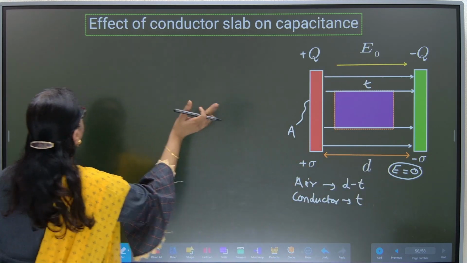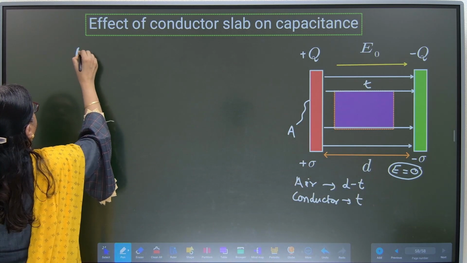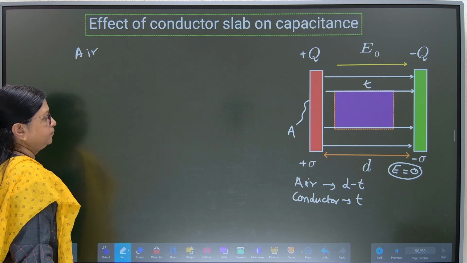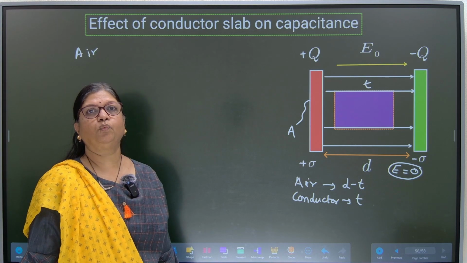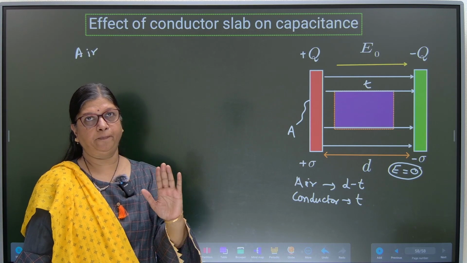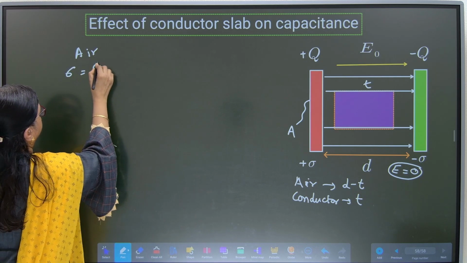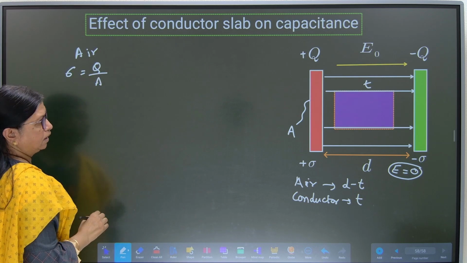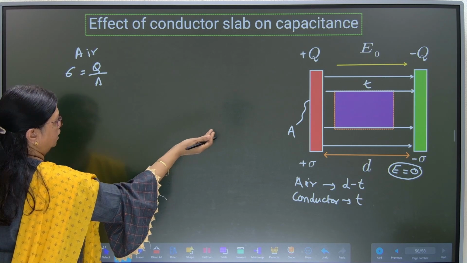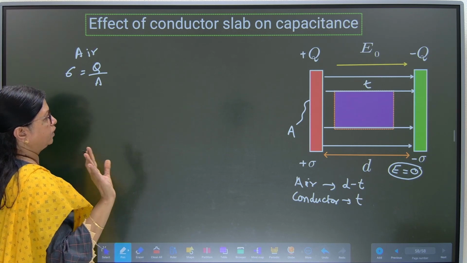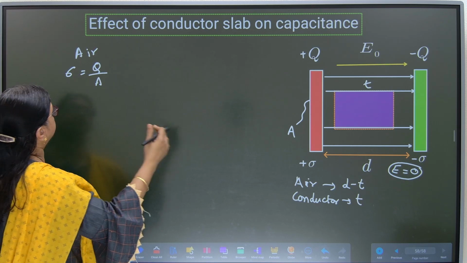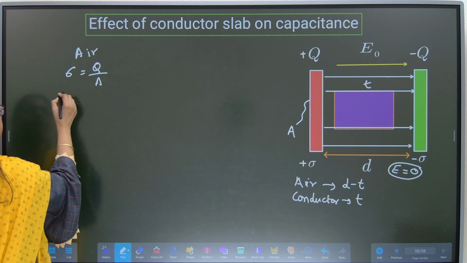So let us understand for air what is available. Sigma is equal to Q upon A. There is no change in Q. A is the surface area of the plate that is already available to us.